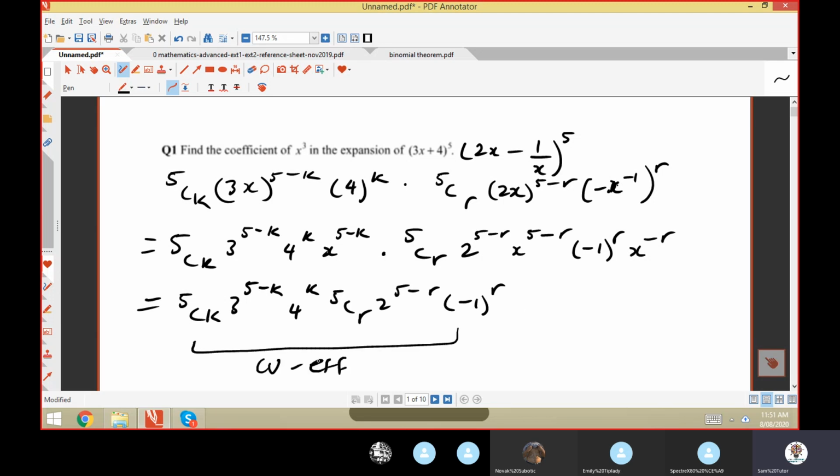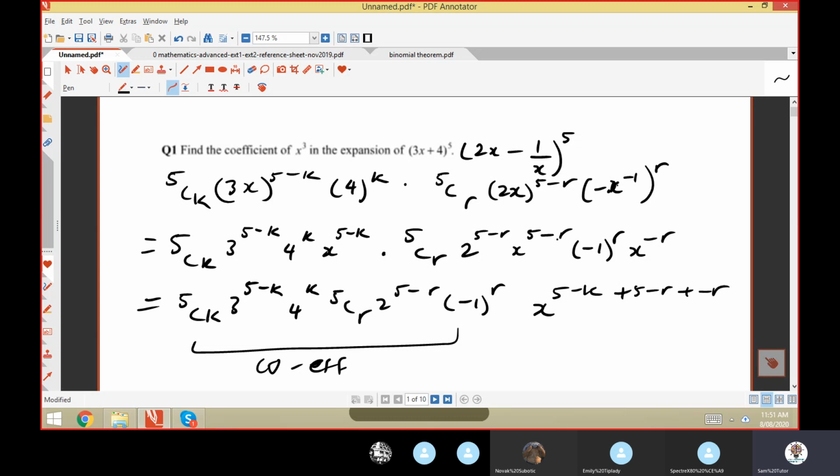Just so you understand, that's our coefficient of x to the power of 5 take away r, plus, because it's all just multiplied, plus 5 minus r, plus negative r.